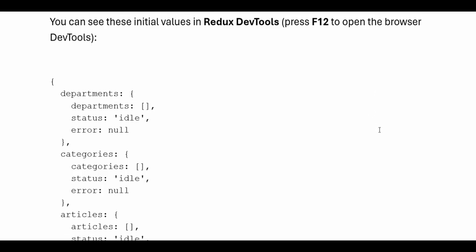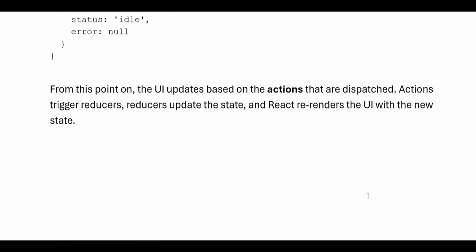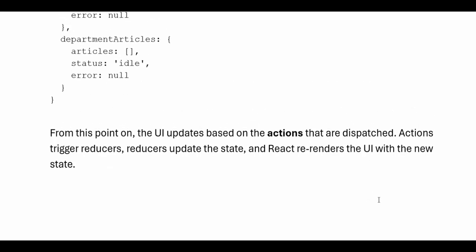Press F12 to open the browser DevTools, and here are all the initial values. From this point on, the user interface updates based on the actions that are dispatched. Actions trigger reducers, reducers update the state, and React re-renders the user interface with the new state.